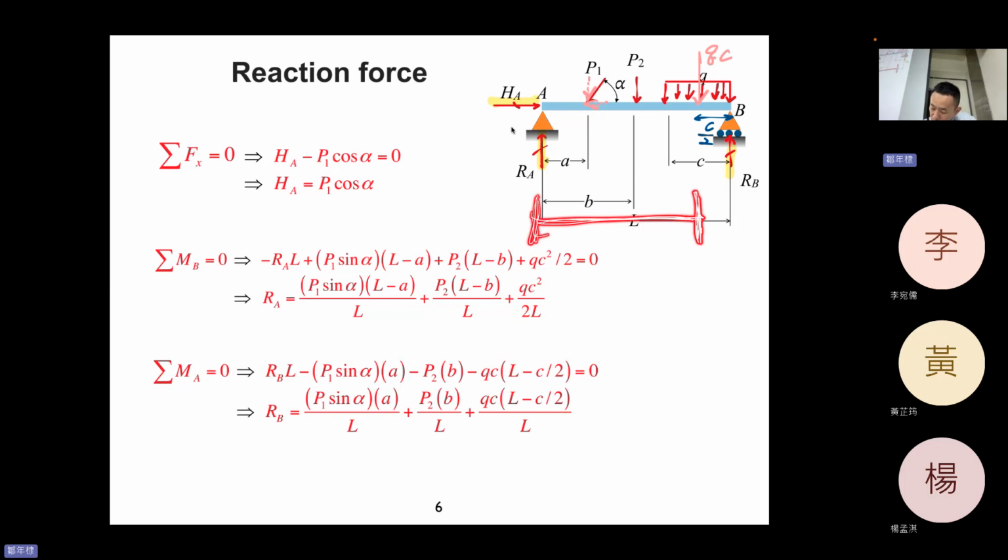This is QC, with this one as the force arm. The rest is really similar to the previous one, so you can get RB. So notice that when we do the force balancing, we need to turn the distributed load into an effective point load. It will make your force balancing easier.